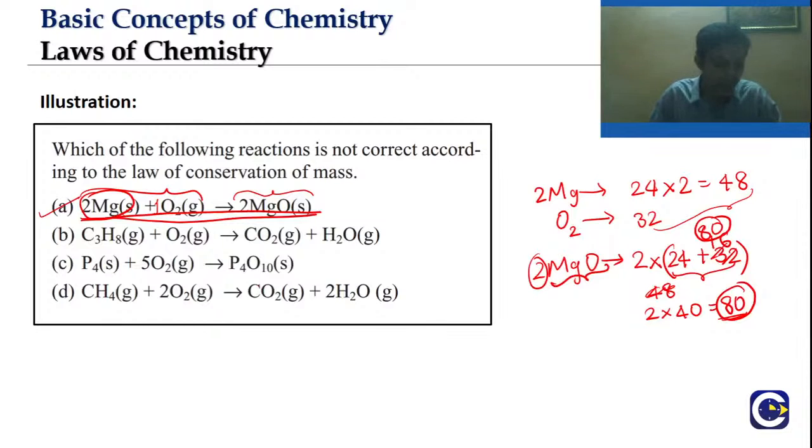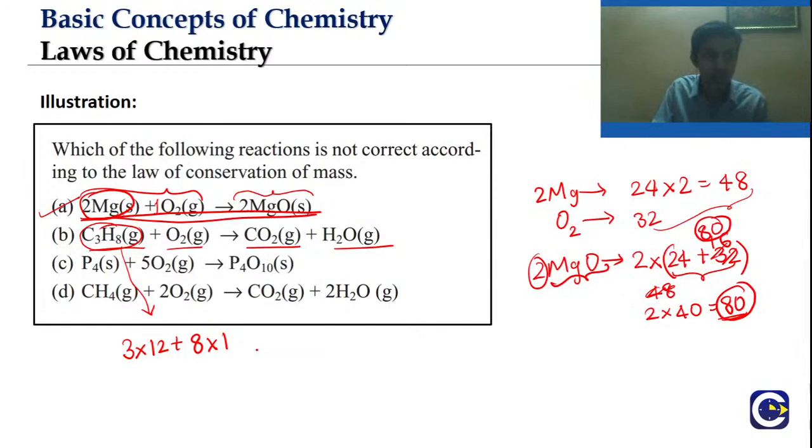If I go to the second one, it is C3H8 plus O2 gives CO2 plus H2O. C3H8 has a mass of 3 into 12 plus 8 into 1, because the atomic mass of hydrogen is 1 and carbon is 12.